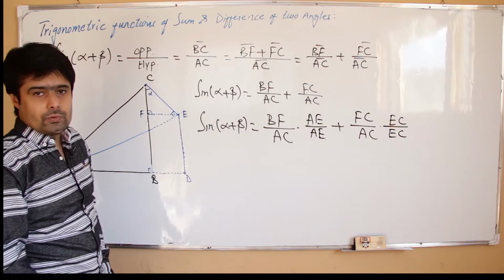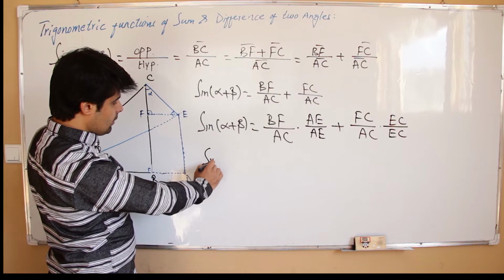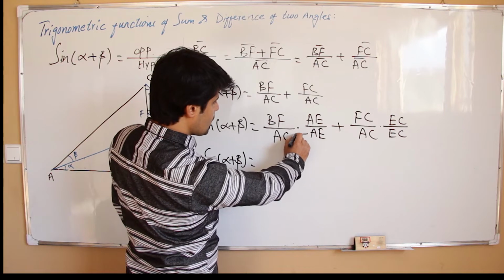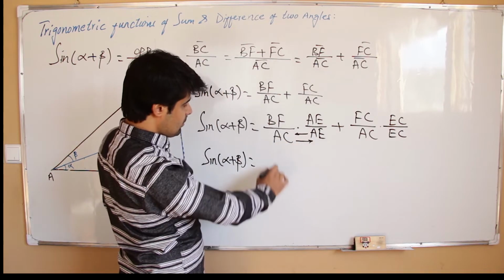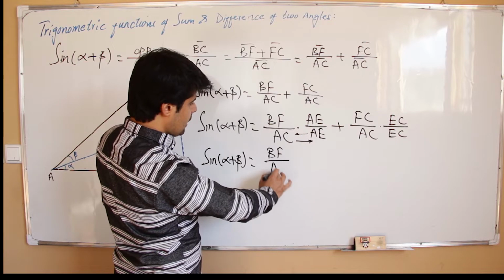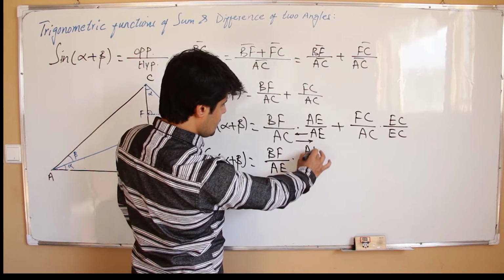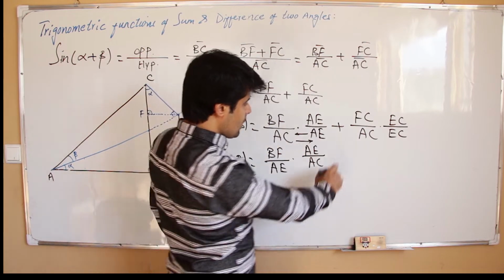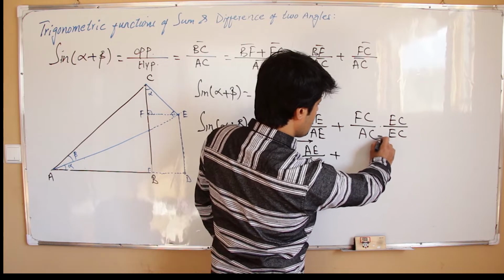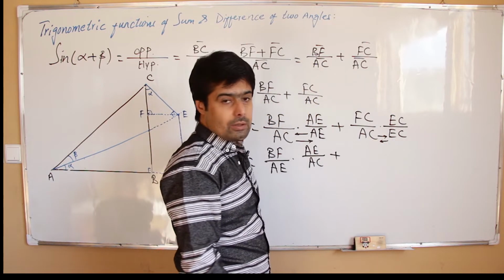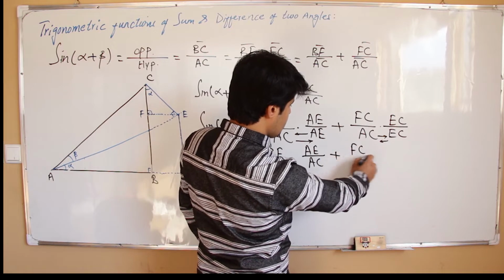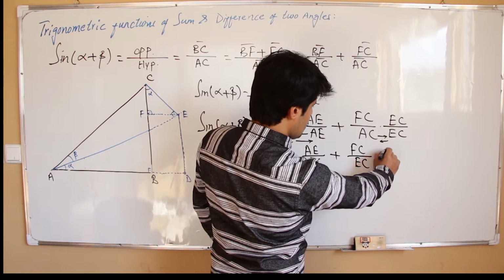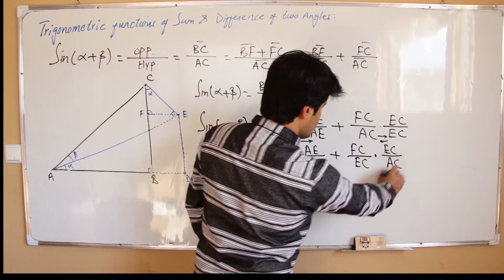Yes, obviously. So sine of alpha plus beta is equal to BF by AE times AE by AC, plus FC by EC times EC by AC. In multiplication we can do this.